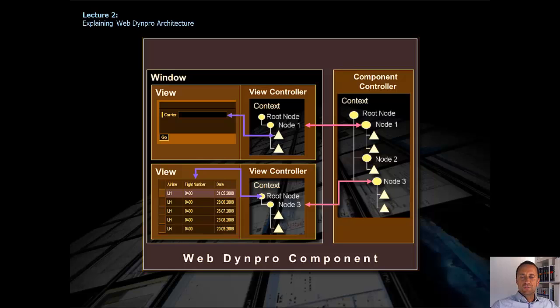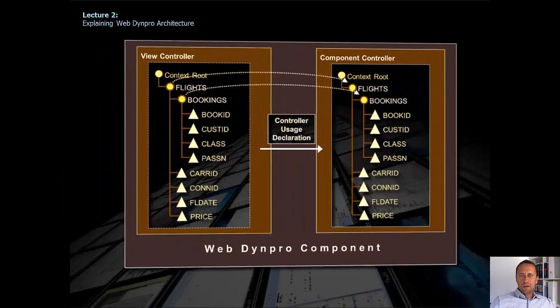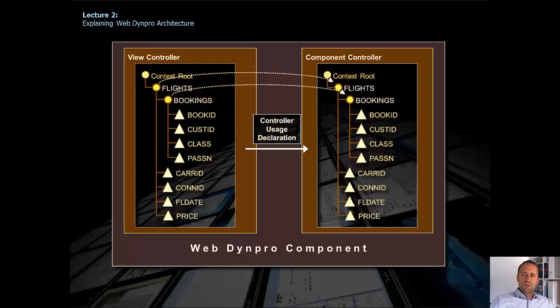Combining these two concepts, data transport between UI elements located in various views can be defined in a purely declarative way. Context mapping allows a context node in one controller to be supplied automatically with the data of that context node to a corresponding context node in another controller. This is the primary mechanism for sharing data between controllers.